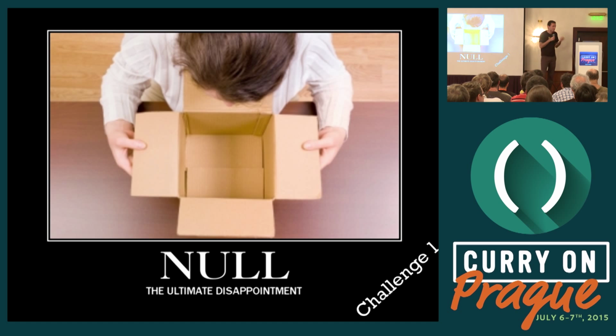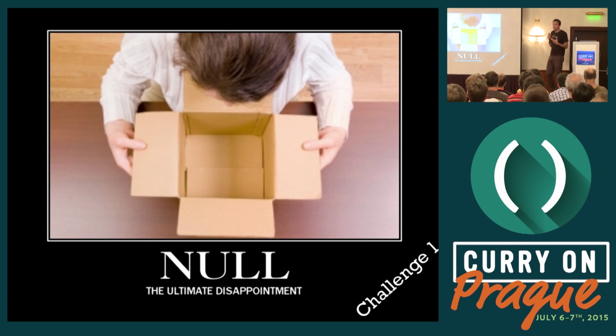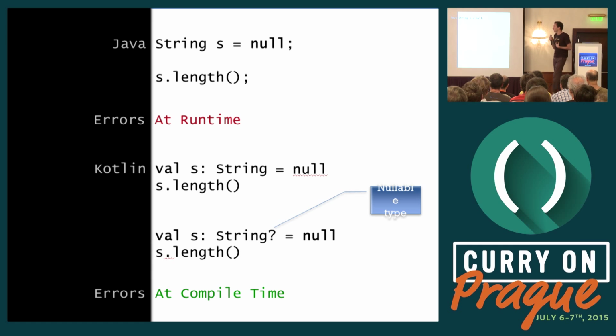So, the thing is that things may not be there, you know. And there is a big fuss about how you deal with things that are not there. Java's take on this, for example, is that when you say that something is a string, it's not necessarily a string.